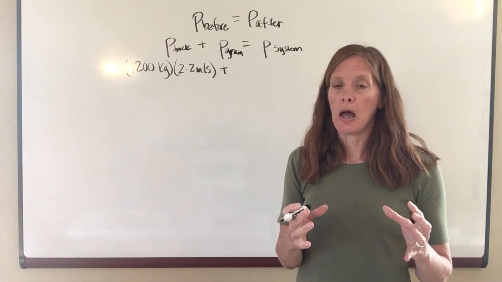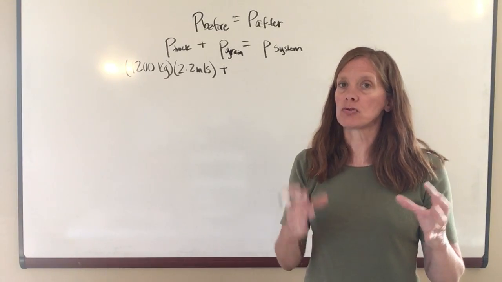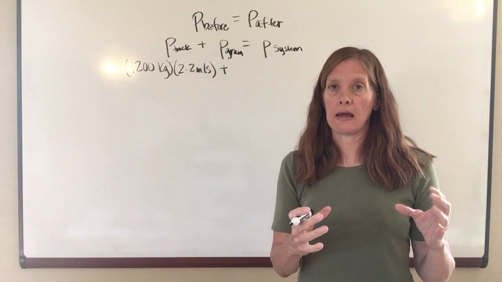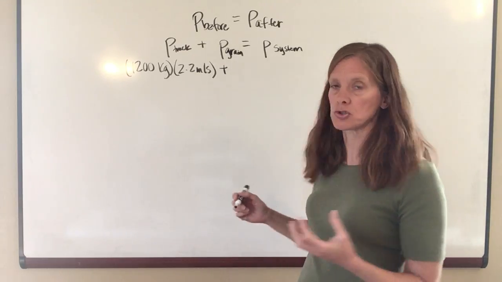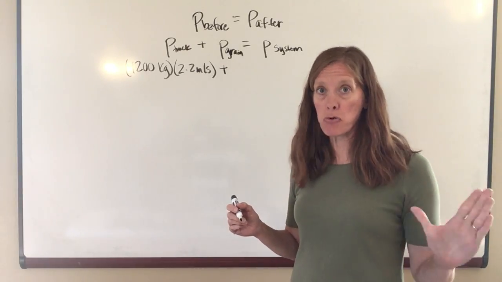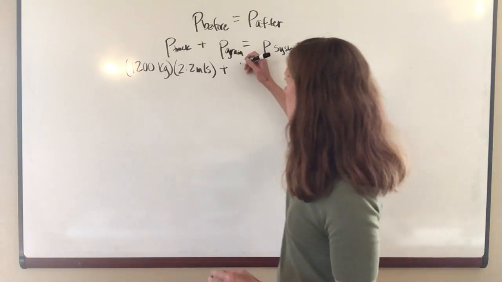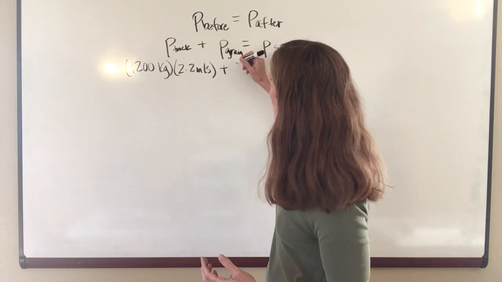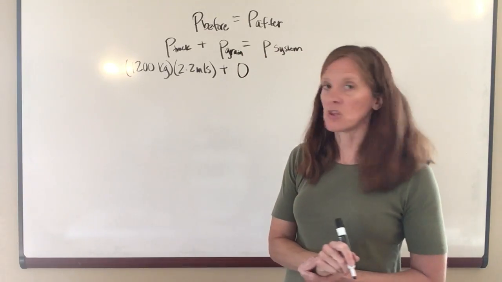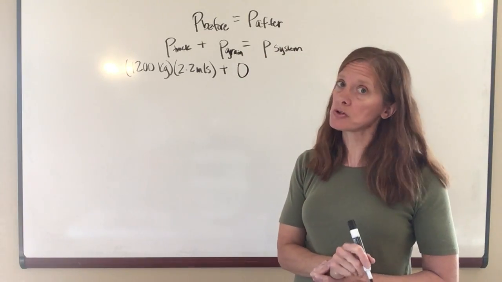Okay, because remember that if you split vectors up, you have to look at the direction that those vectors go. So the horizontal component of the grain's movement is going to be 0, and we're only looking at that horizontal component. So the grain has no momentum in the horizontal direction.